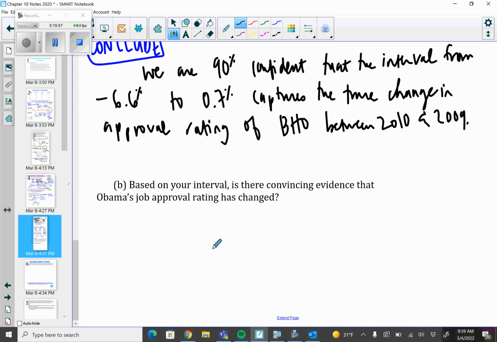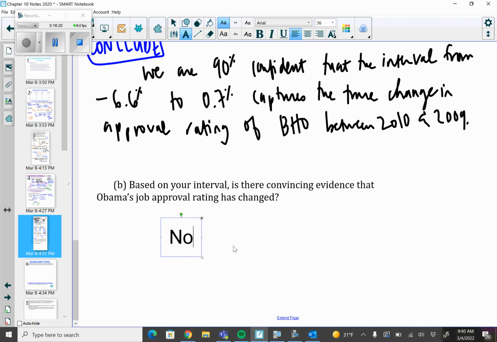Well, if it were to have changed, we would need to see an interval that was completely above or completely below 0. But our interval includes 0, meaning 0 is a possible true difference, meaning it's possible his approval rating has not changed. I think I'm going to type that.